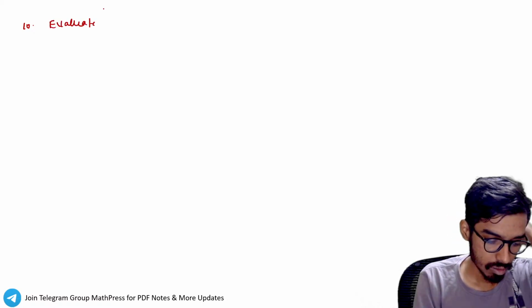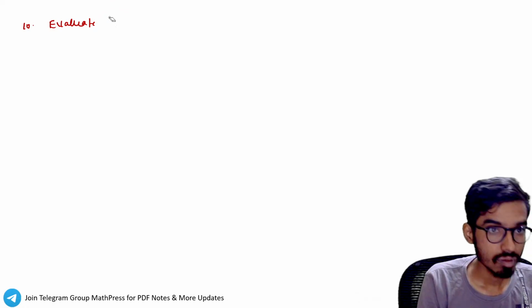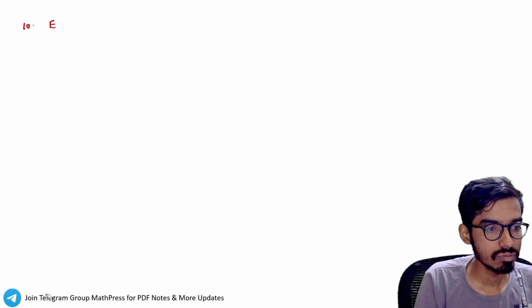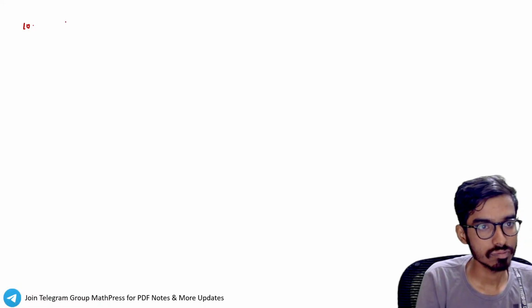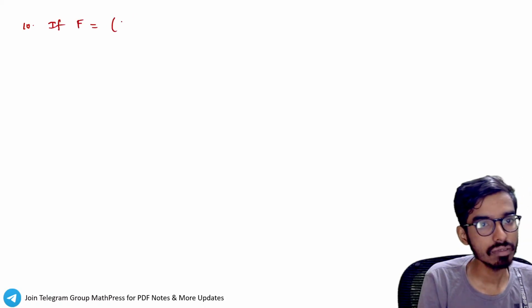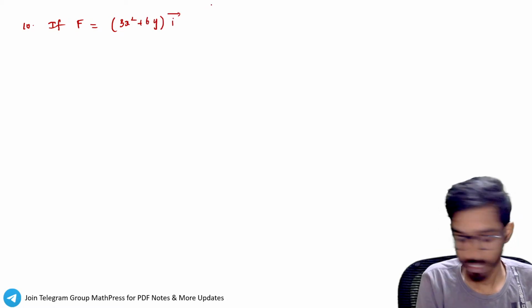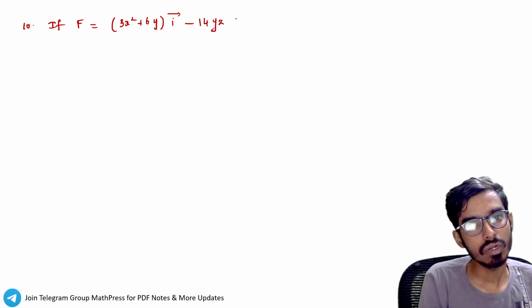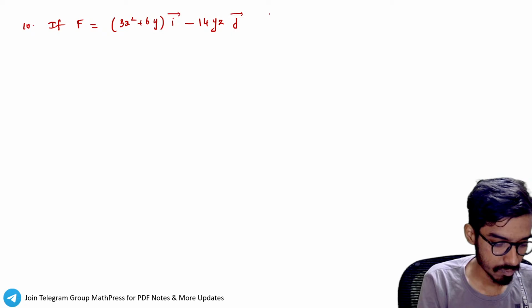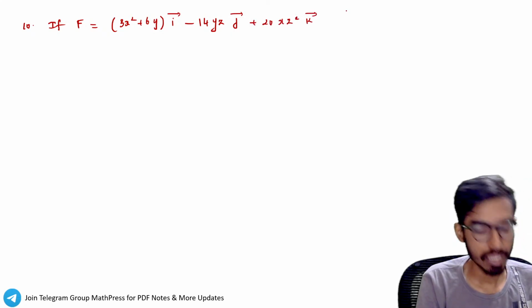So evaluate, if F is equal to (3x² + 6y) i vector minus 14yz j vector plus 20xz² k vector.